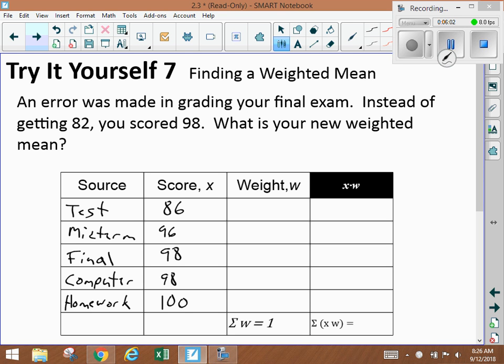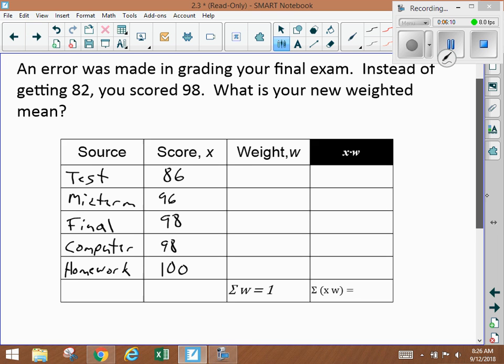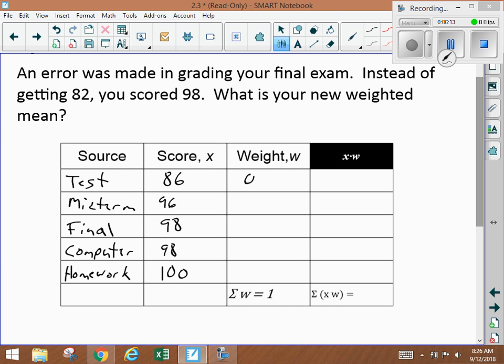This kid was on top of it at home. What were the weights of each? 0.5, 0.15, 0.2.